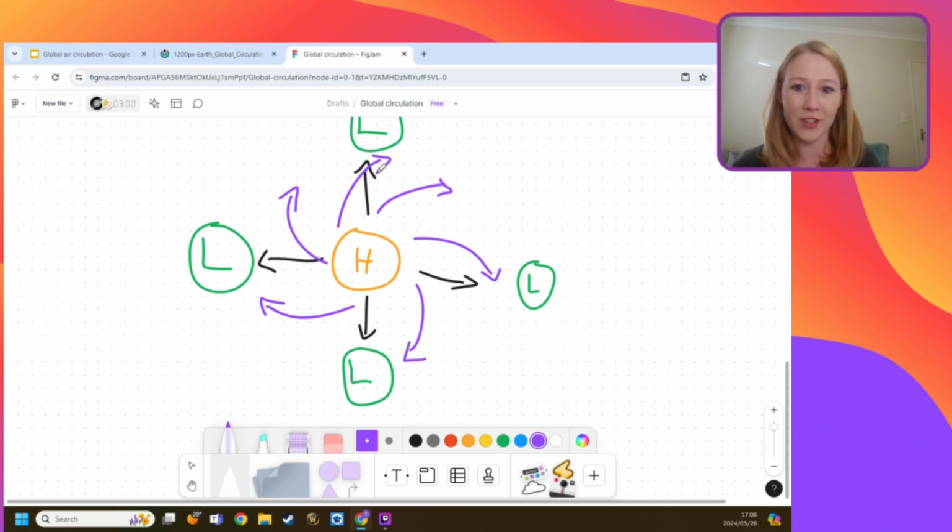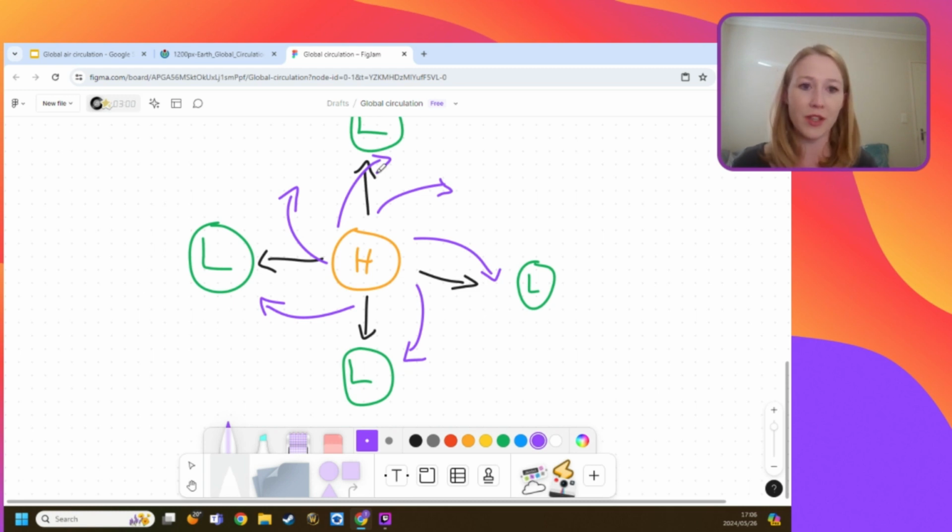Okay, so as it deflects towards the right, around the high pressure cell, you see it moves clockwise. That's why in the northern hemisphere, anticyclonic is clockwise. And in the southern hemisphere, anticyclonic is anti-clockwise. It all comes down to Coriolis force.